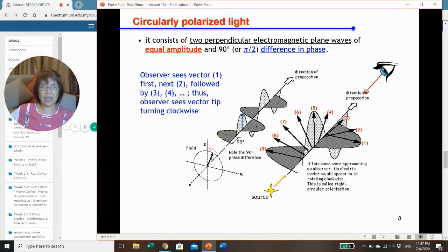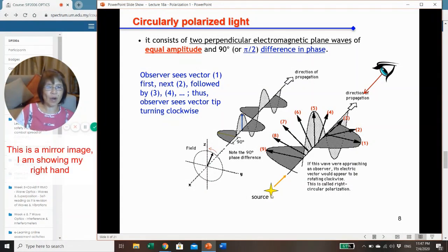So the resultant is this one that moves in a circle. As you can see over here, at every point we get the resultant field, and you find that at every point the resultant field is represented by this arrow as you view from this side. So viewing from that side, you can use your imagination, you point your right hand towards the source.